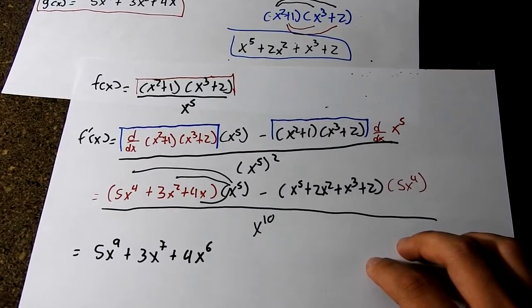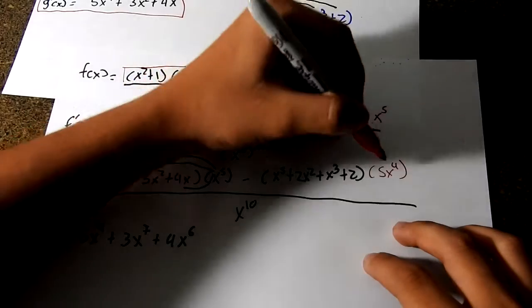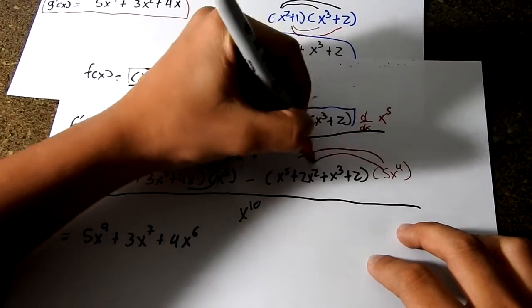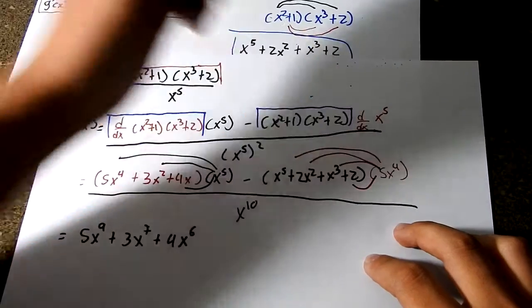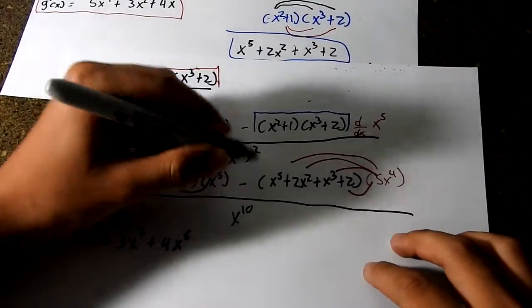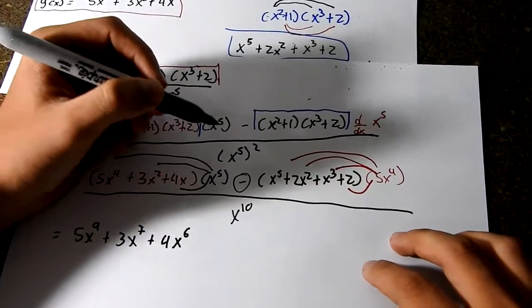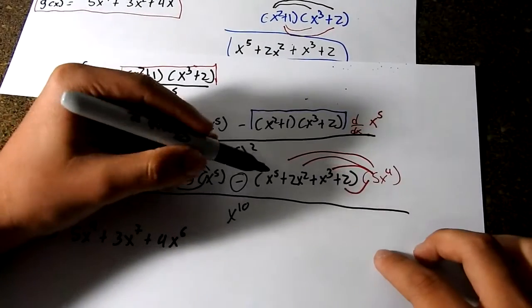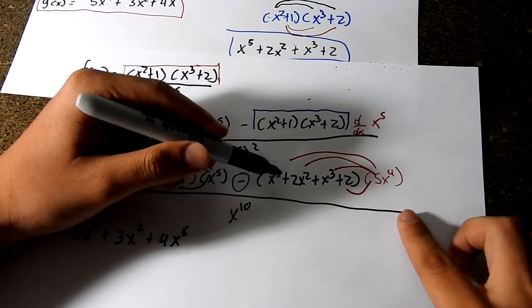And then we're going to use the distributive property. Since we have a minus sign over here, all of this is going to get out as negative. So we have x to the fifth power times 5x to the fourth.